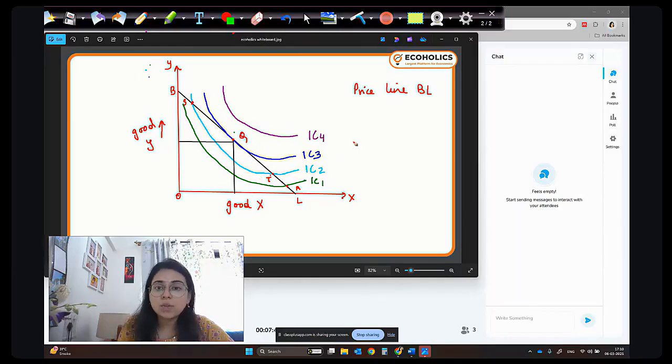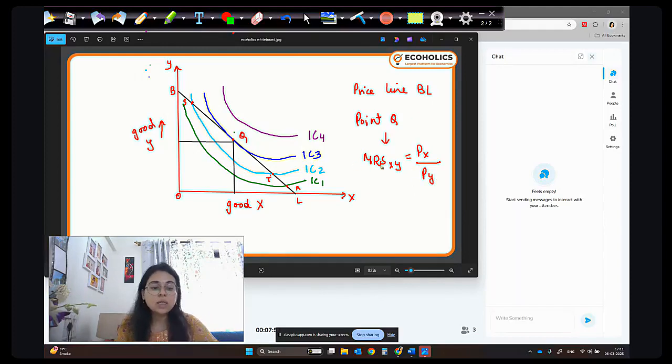So what is point Q actually depicting? Point Q is depicting that my marginal rate of substitution of X for Y is equal to the price of good X upon the price of good Y. This is the equilibrium point for the consumer.